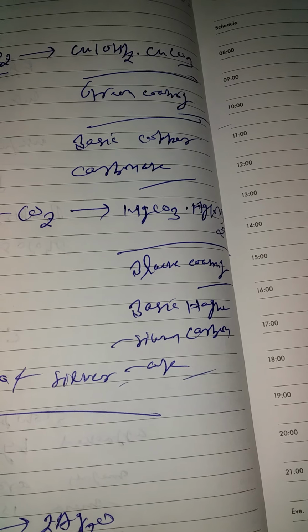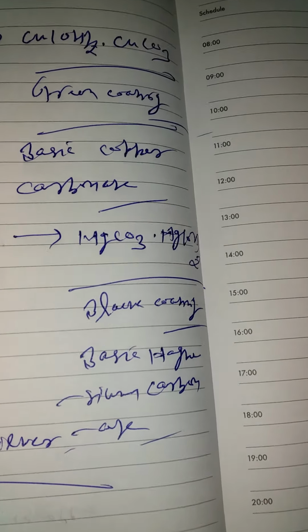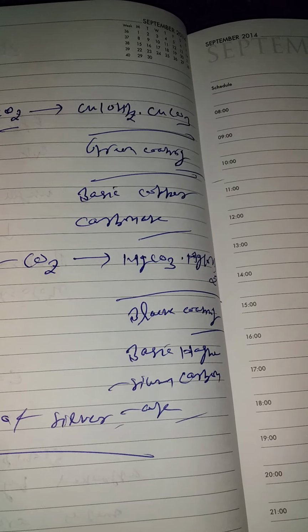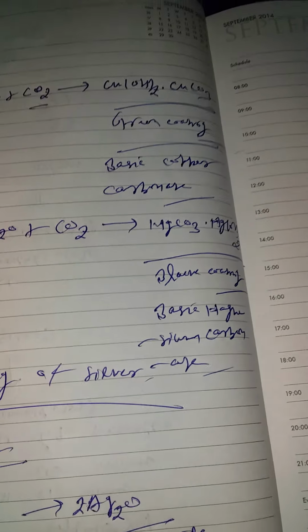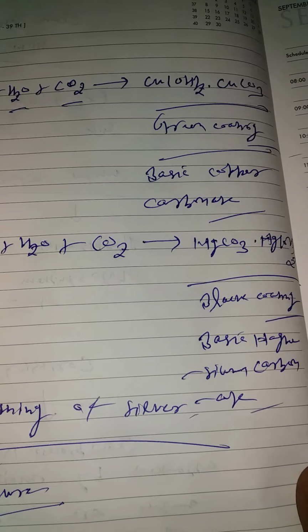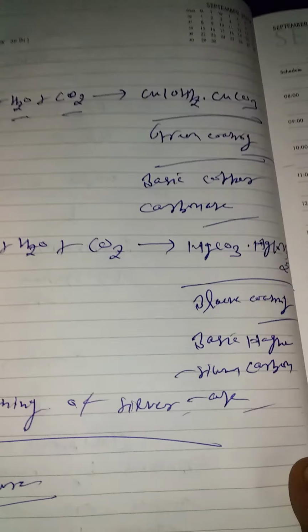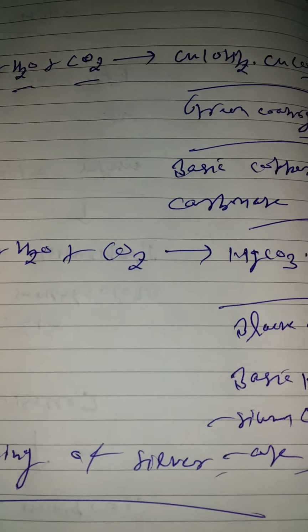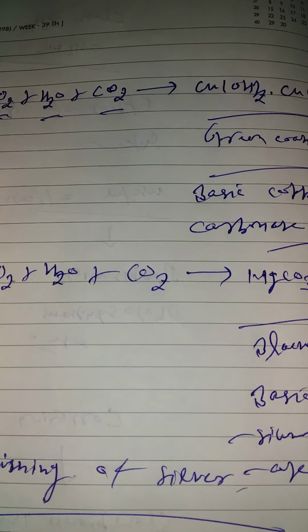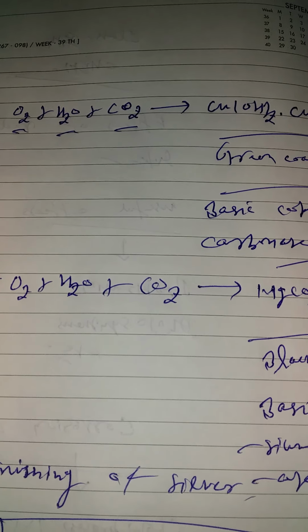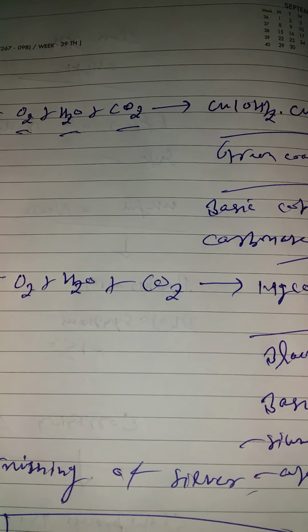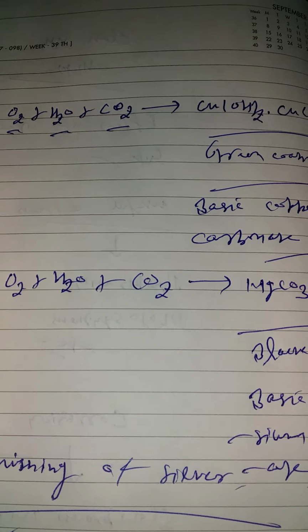In some cases, such as in the case of aluminium, corrosion is useful due to formation of aluminum oxide, that is a protective layer on it. So we will discuss more about corrosion in chapter 3, metals and nonmetals.